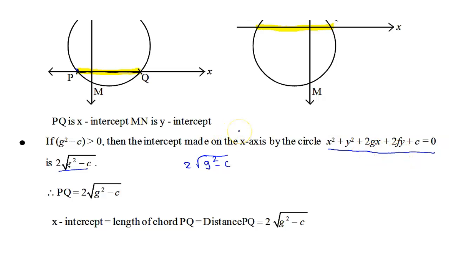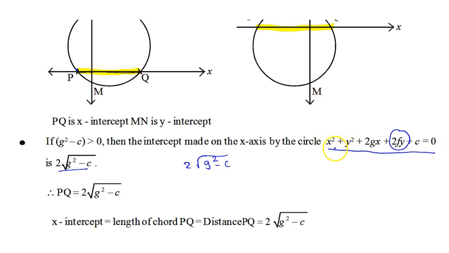Equation of a circle touching the x-axis: in that condition, the y-coordinate is 0. So the y-coordinate of the center is 0.